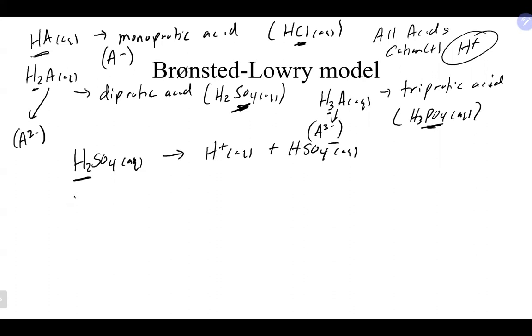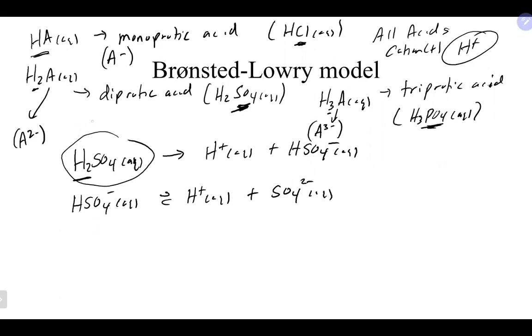Now, this guy that's already lost an H plus will then lose a second H plus, and you will create sulfate. So to answer your question, this would be the acid here, and this guy here would be its conjugate base.